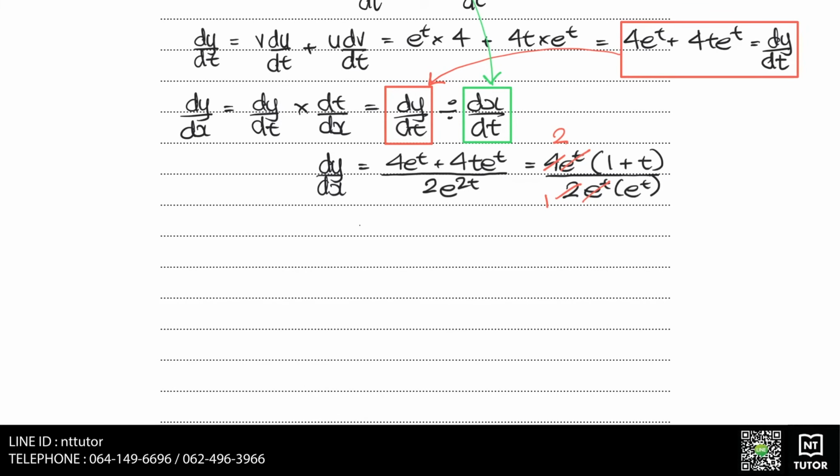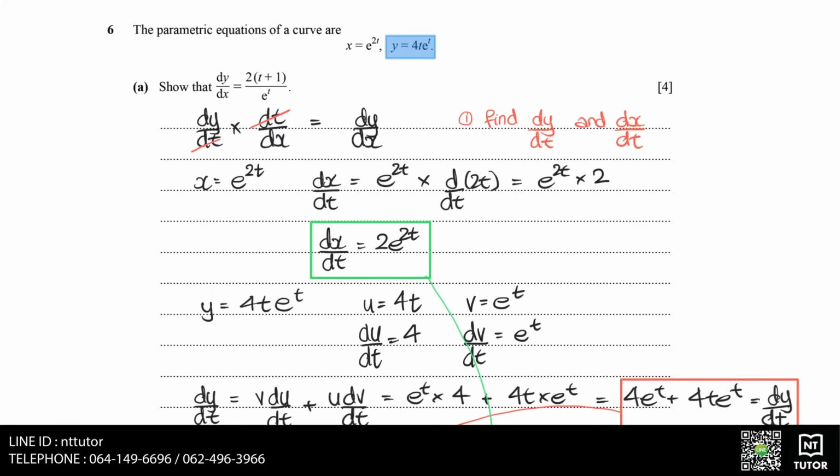And that gives dy over dx equals 2 multiplied by t plus 1 over e to the power of t, just like it was given in the question.